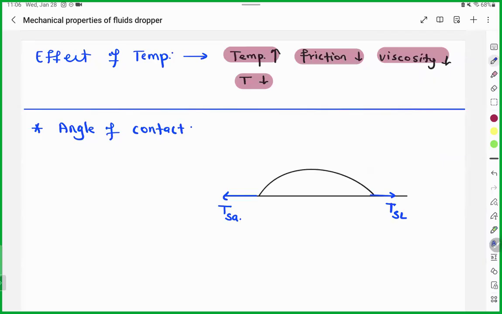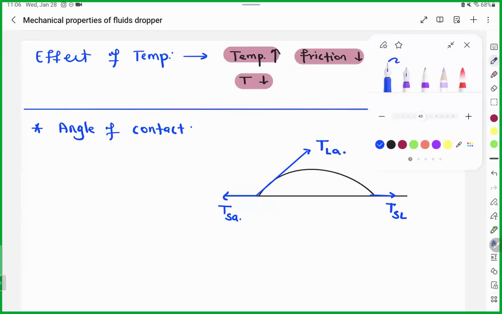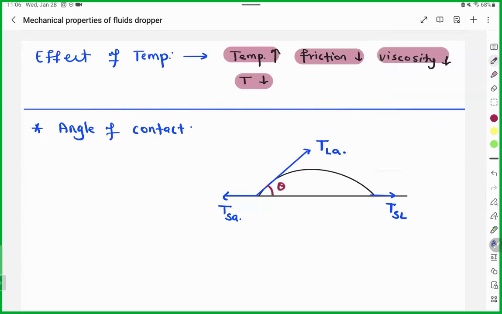And this one is the tangent drawn. This is the surface tension between the liquid and air. And this angle we are talking about, this theta, is the angle of contact.